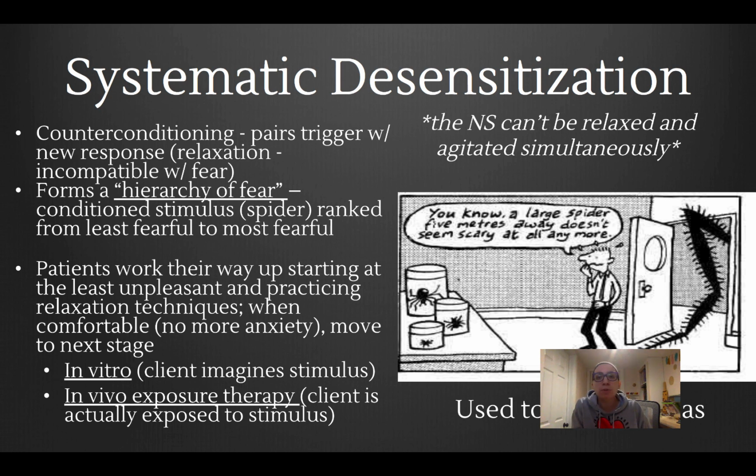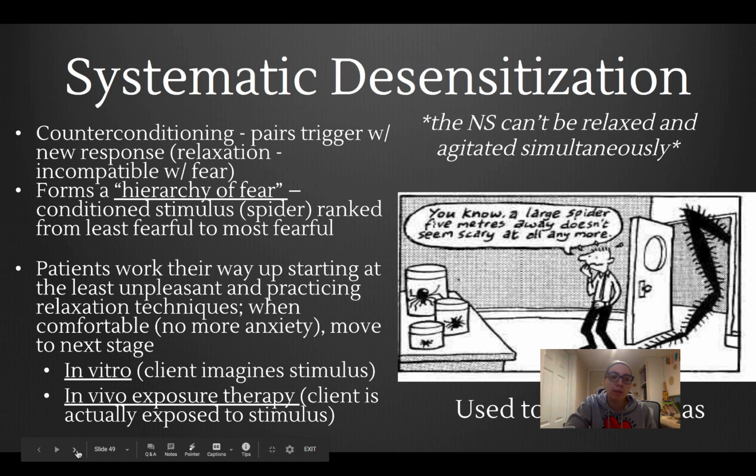So for an individual who is going through systematic desensitization therapy, the first task would be to create what's called a hierarchy of fear. So let's take, for example, someone who has a fear of spiders, or not just a fear, a phobia of spiders.